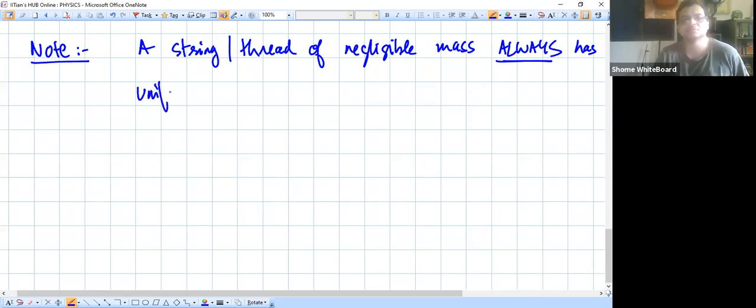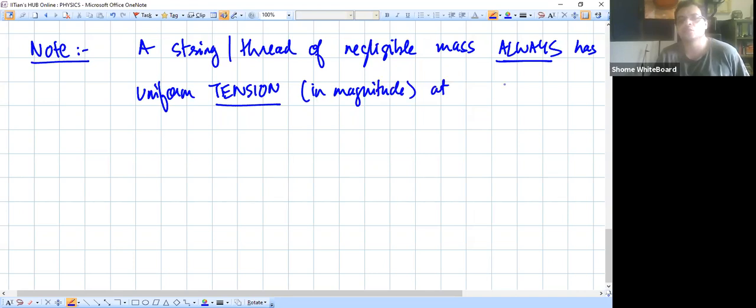That is, the same magnitude of tension at all points along its length.